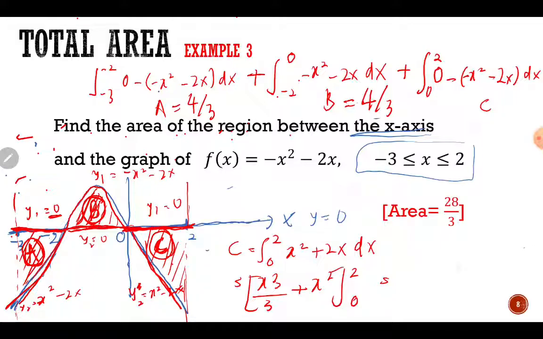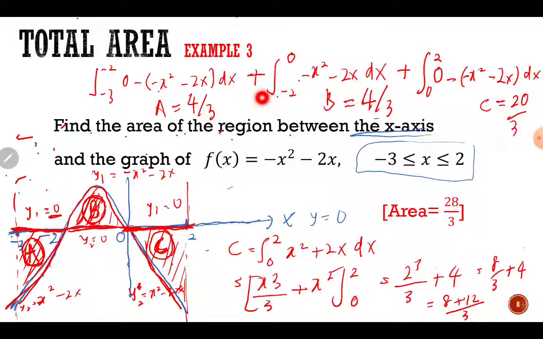Kita akan dapat 2 kuasa 3/3 tambah 4. So, we have 8/3 tambah dengan 4 lah. Where this one we give us 8 tambah 12/3. So, C kita akan dapat berapa? C kita akan dapat 20/3.